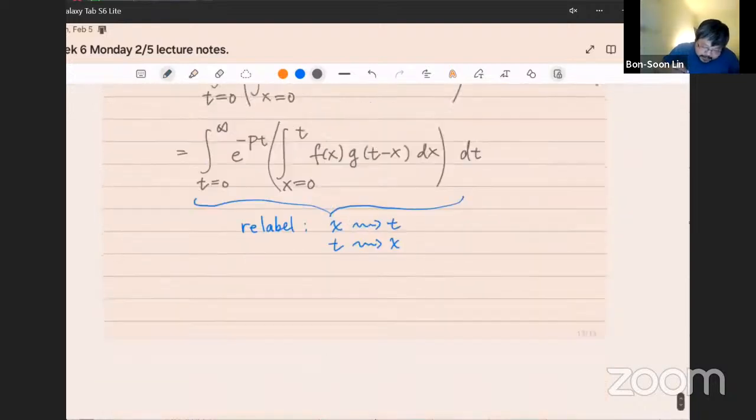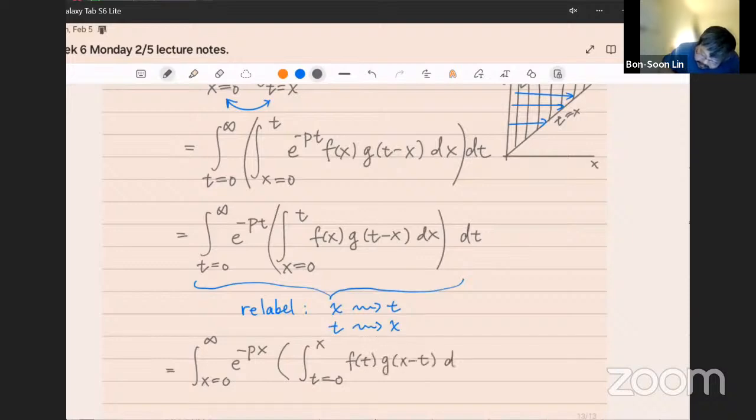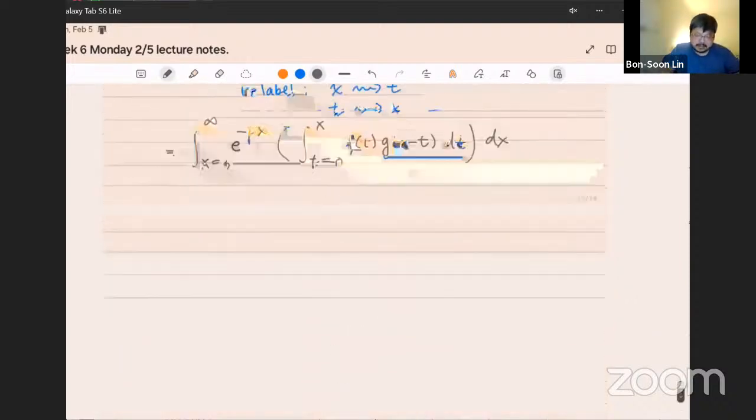The entire thing. So now this reads x from 0 to infinity, e to the minus px times the integral t from 0 to x, f of t, g of x minus t, dt, dx. Much nicer.